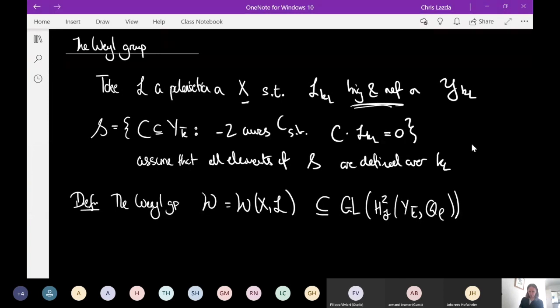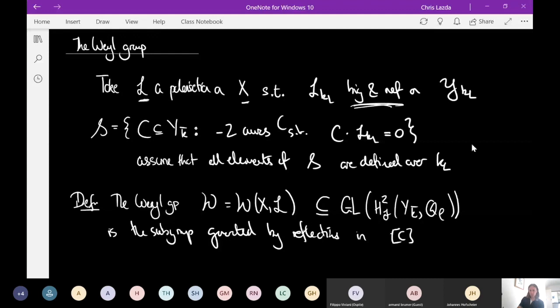And then what we do is we define the Weyl group, which is really the Weyl group of X together with this polarization L, to consist of the subgroup of automorphisms of cohomology of the special fiber generated by reflections in all of these classes C. So for each -2 curve in this set S, I have a reflection.